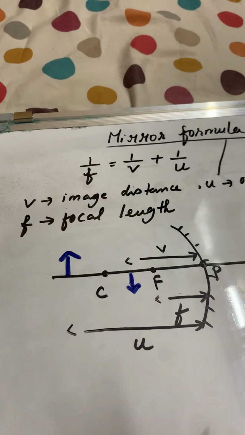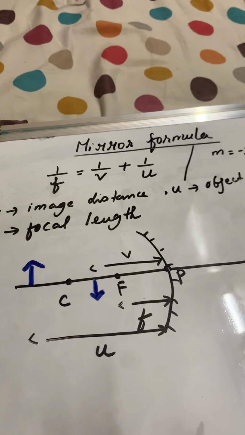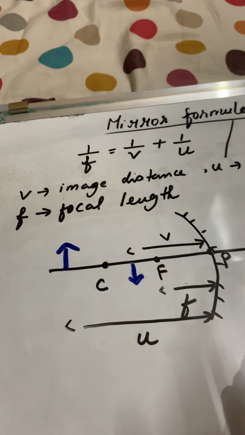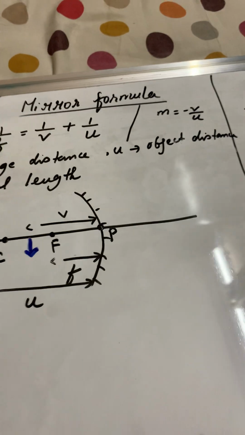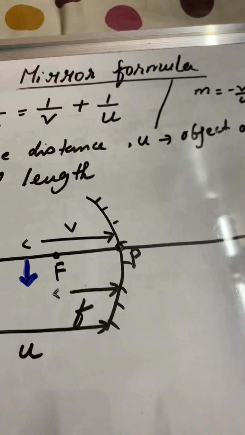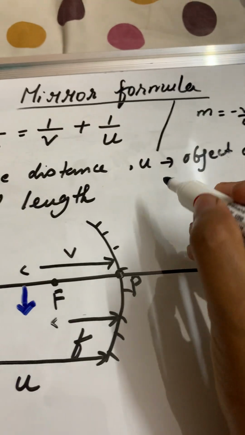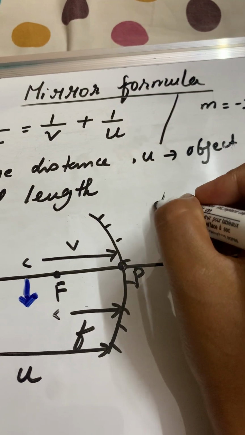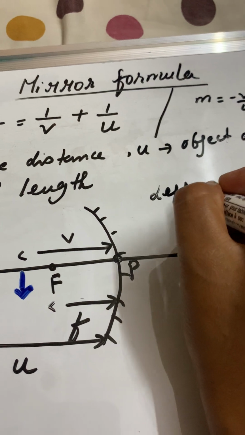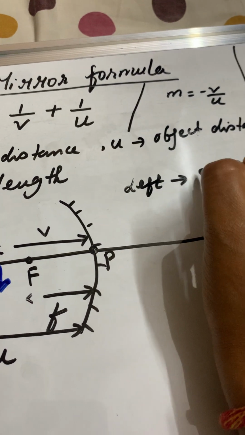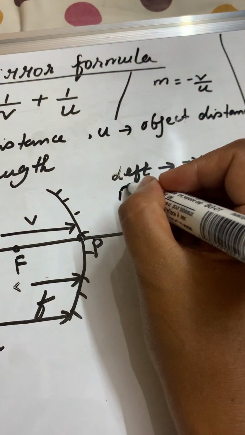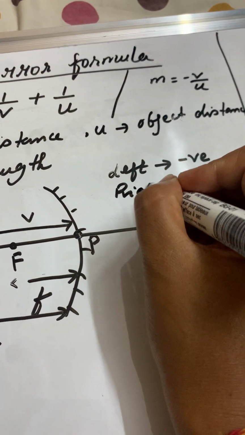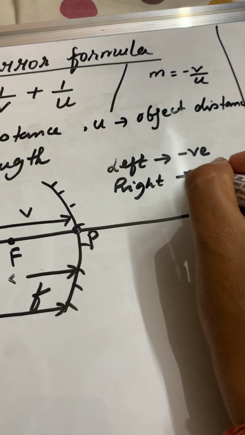But before applying this formula directly, you need to remember the conventions. I normally find it easy to go this way. Left is negative, and right is positive.